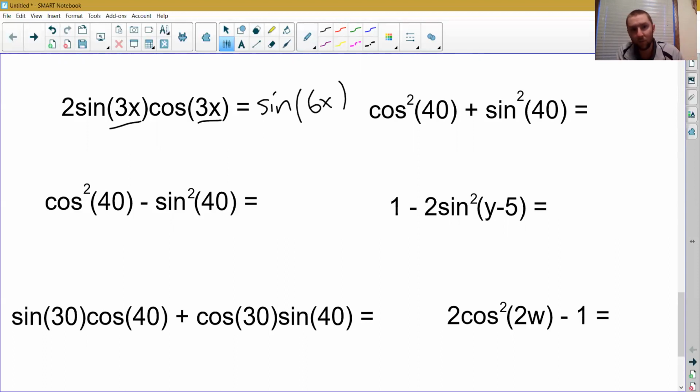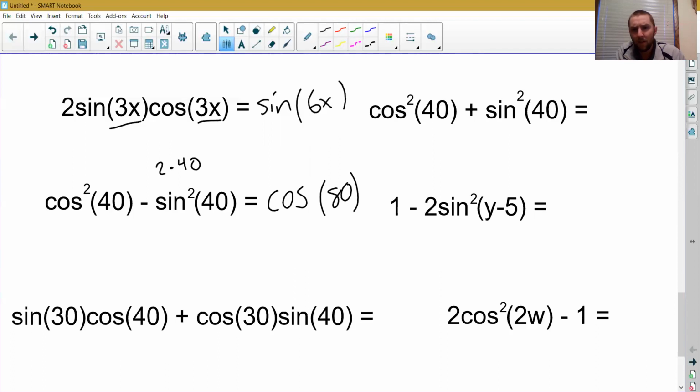So cosine squared of this minus sine squared of this is the same as cosine of 2 times the angle, in this case 2 times 40, that's 80. The problem's not asking you to find the cosine of 80, but you certainly could.